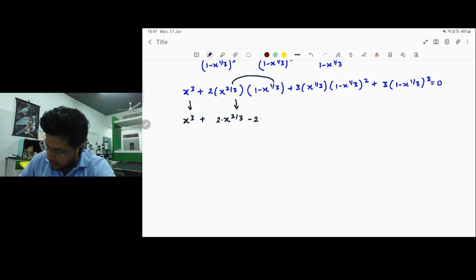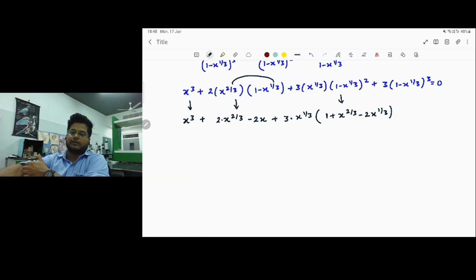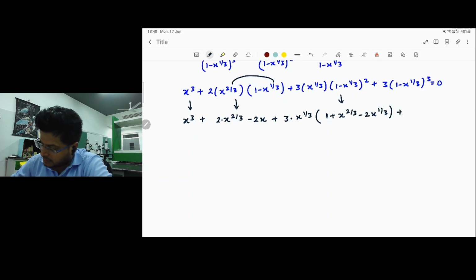So we got how much? Minus 2x. Here, I can show this, but I want to write the final answer, so I'm just showing here. This, when you open, it will be 1 plus b square, and minus 2ab. Okay. No problem. So I will add one more step. Plus 3 times.